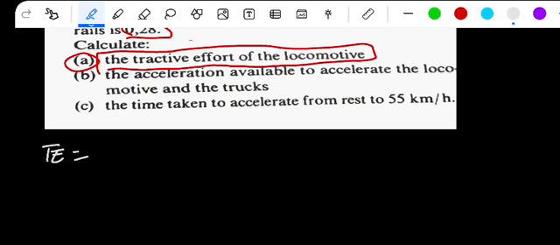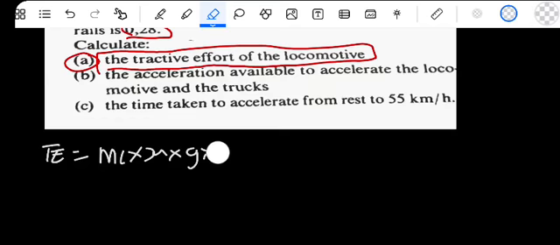TE, we know, is the mass of the locomotive multiplied by the coefficient, by gravity, and by the gradient percentage, but we don't have that, so what's the use of substituting what we don't have?